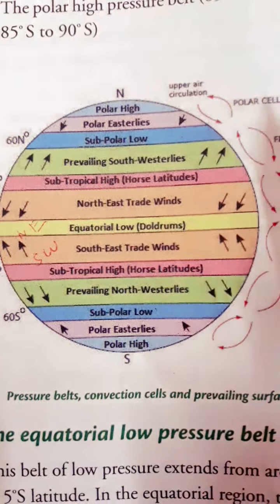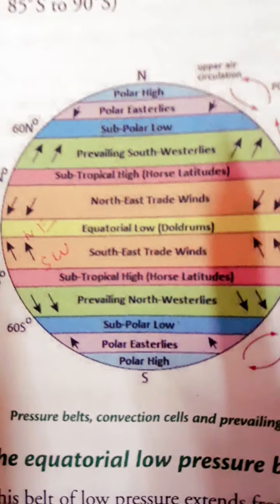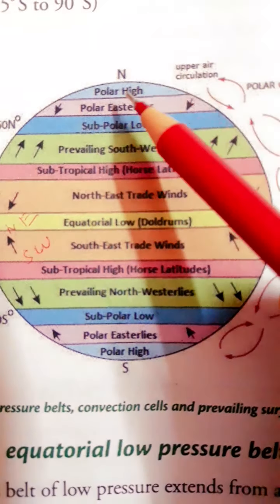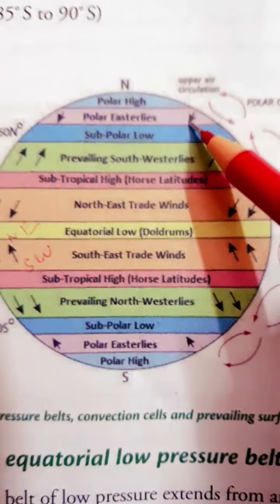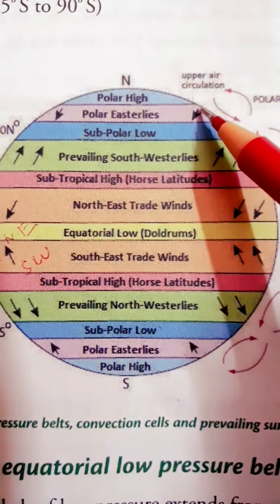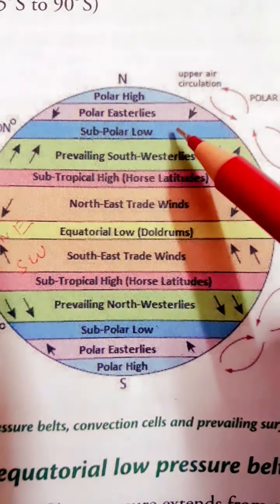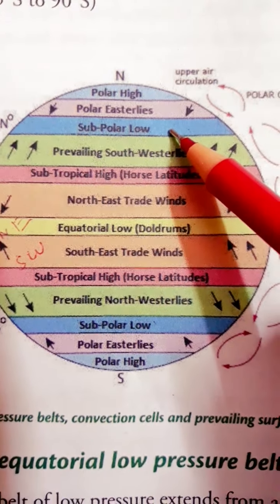Polar winds, the polar easterlies, are permanent winds that blow from the polar high pressure belt to the subpolar low pressure belt. Look at the arrow. These winds are blowing from the polar high pressure belt to the subpolar low pressure belt, right?